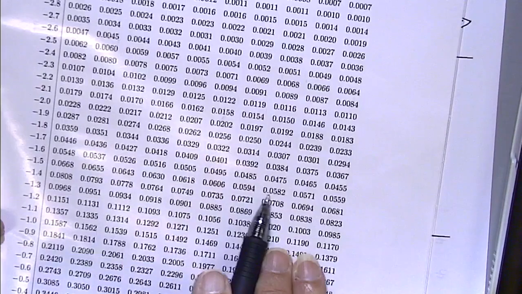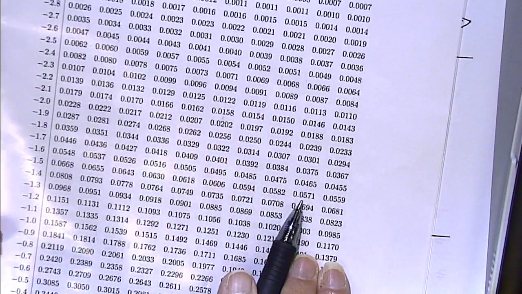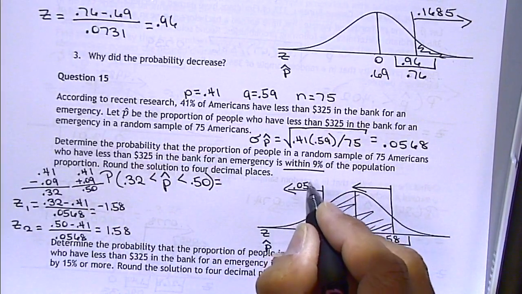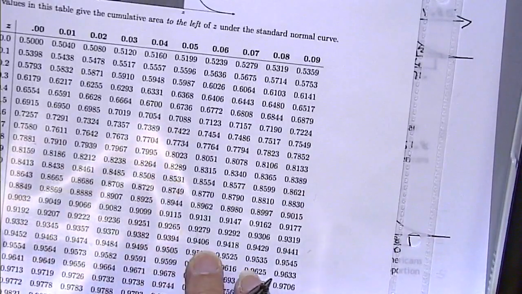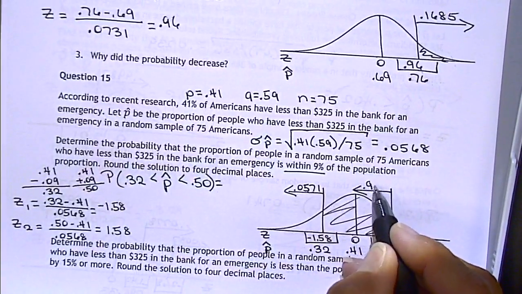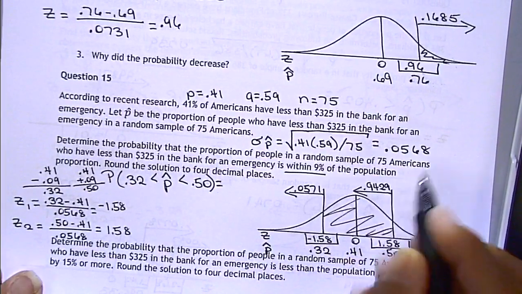Negative 1.58 is 0.0571. Okay. 1.58. Go to the other side. 0.9429. Subtract it.